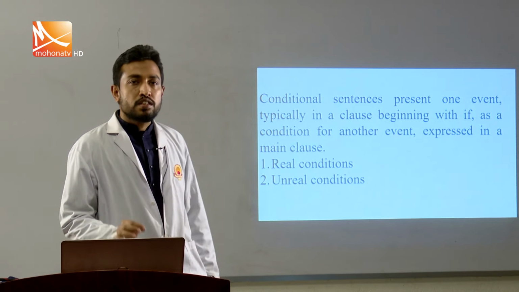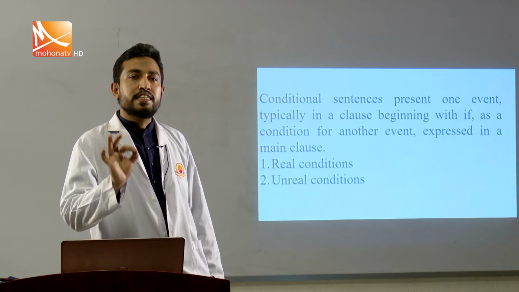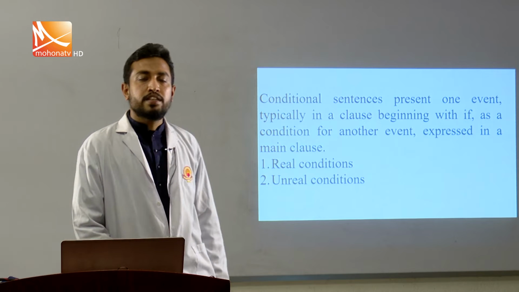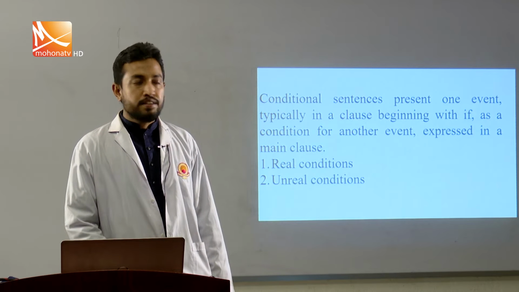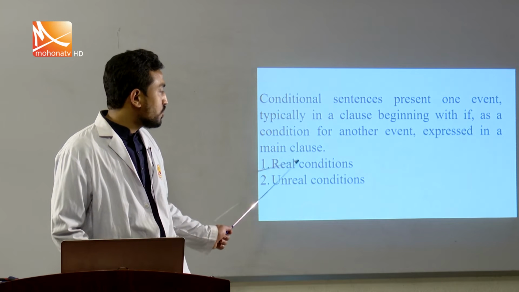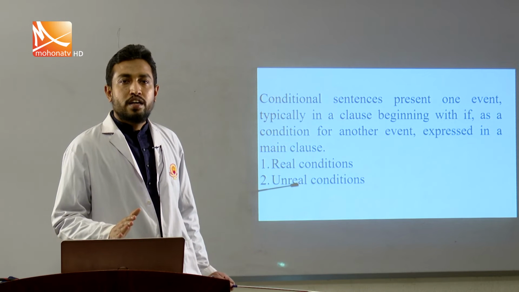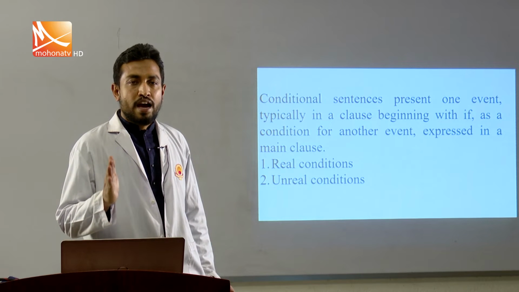Real situation means there is a lot of possibility, or it has happened like this. And unreal condition means the possibility is less or zero. So the key word here is real condition, that means true, and unreal means there is less possibility or lack of probability for anything to happen.